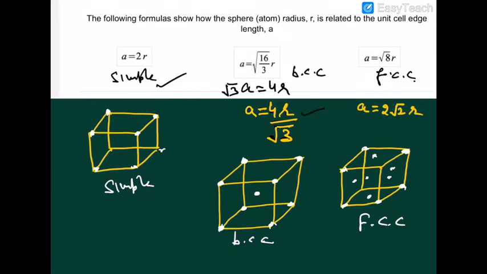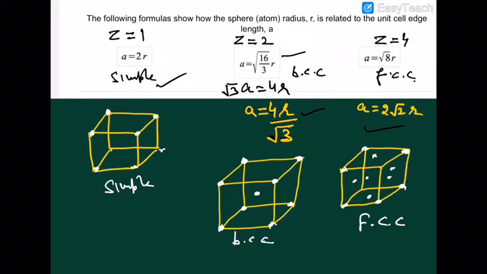This is a is equal to 4r by root 3 in case of BCC, and a is equal to 2 root 2 r in case of FCC. So make sure that you memorize all these things, and along with that, in case of simple Z equal to 1, in case of BCC this value equal to 2, and in case of FCC Z is 4.